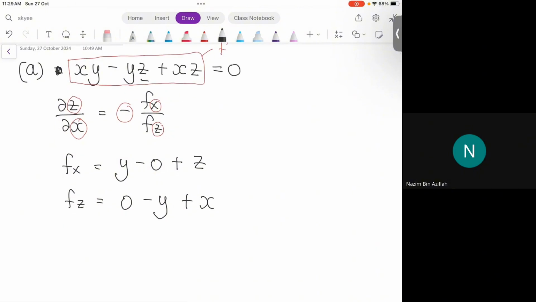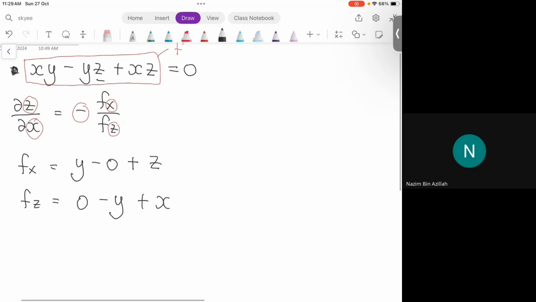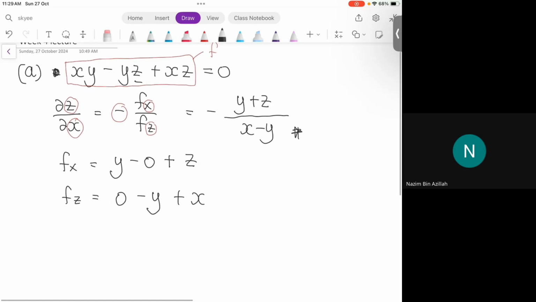So we can put them together. Negative Fx over Fz is negative y plus z over x minus y. So this one will be your answer. We move on to the next one.